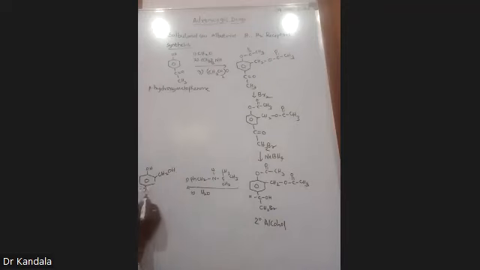The secondary alcohol will remain the same, and this bromine is replaced by this group, and we'll have CH2, NH with the benzyl group on one side and the tertiary butyl group, CH3, CH3, CH3, on the other. So this is called benzyl salbutamol.